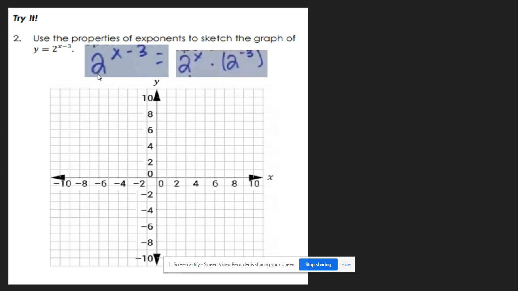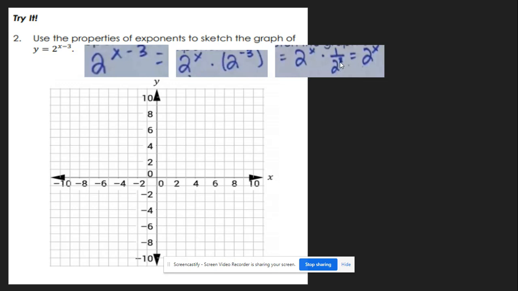So I have 2 to the x, but I also have 2 to the negative 3rd power. We cannot leave that exponent negative, so we have to take the inverse of that. So rather than 2 to the negative 3rd power, I am going to have 1 over 2 to the positive 3rd exponent, or 2 cubed.